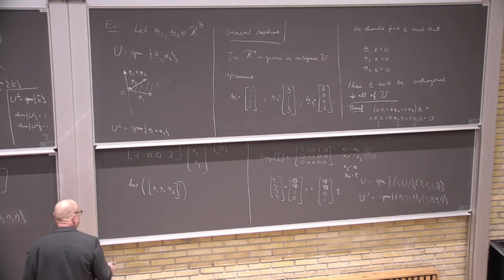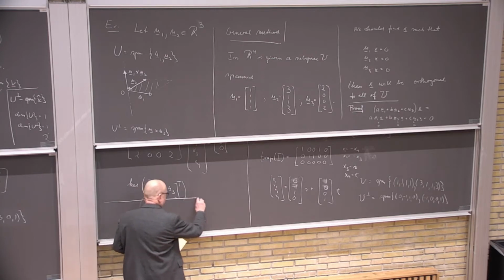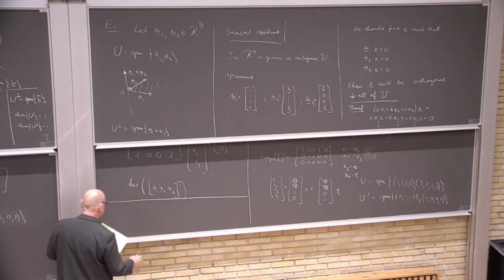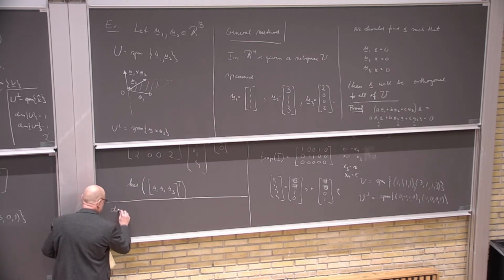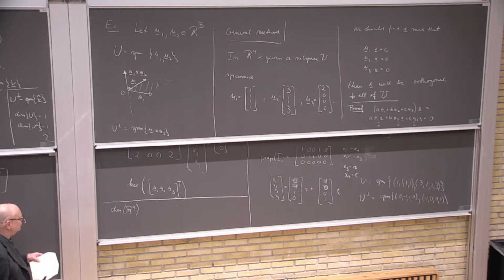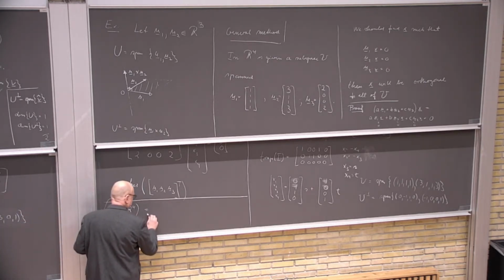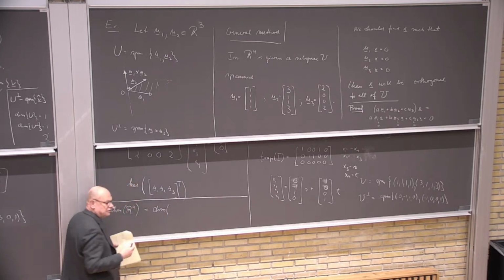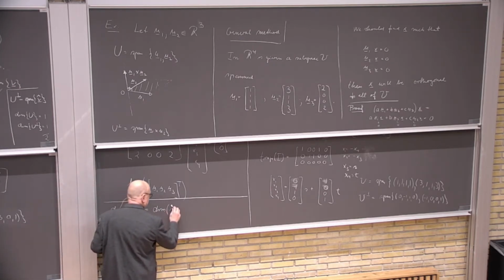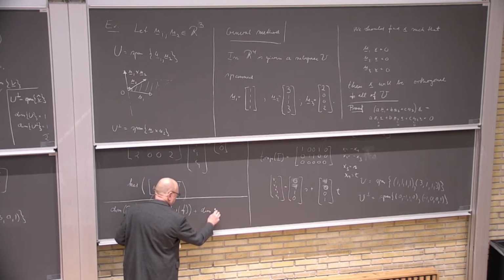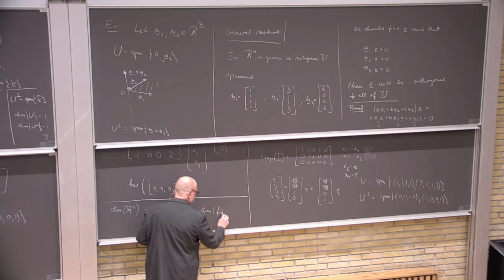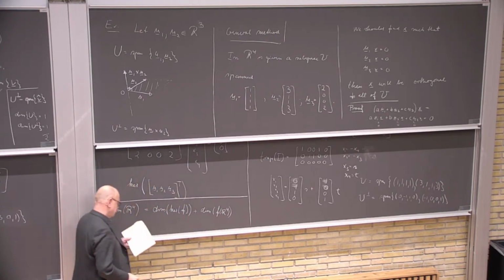But let's revert to the question of dimension, because now the dimension of R4 is, and this is a structural theorem I'm just writing down, the dimension of the kernel of the mapping plus the dimension of the image space, or the range of the mapping.